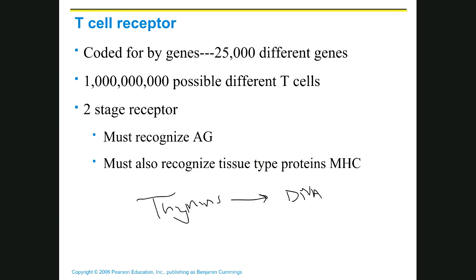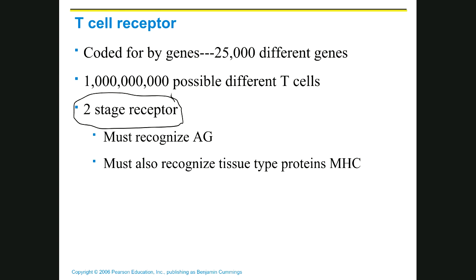But the receptor looks different. The receptor is this two-stage or two-part receptor. And the two stages recognize two different things simultaneously. They recognize MHC, which is on your body cells, and they recognize an antigen.